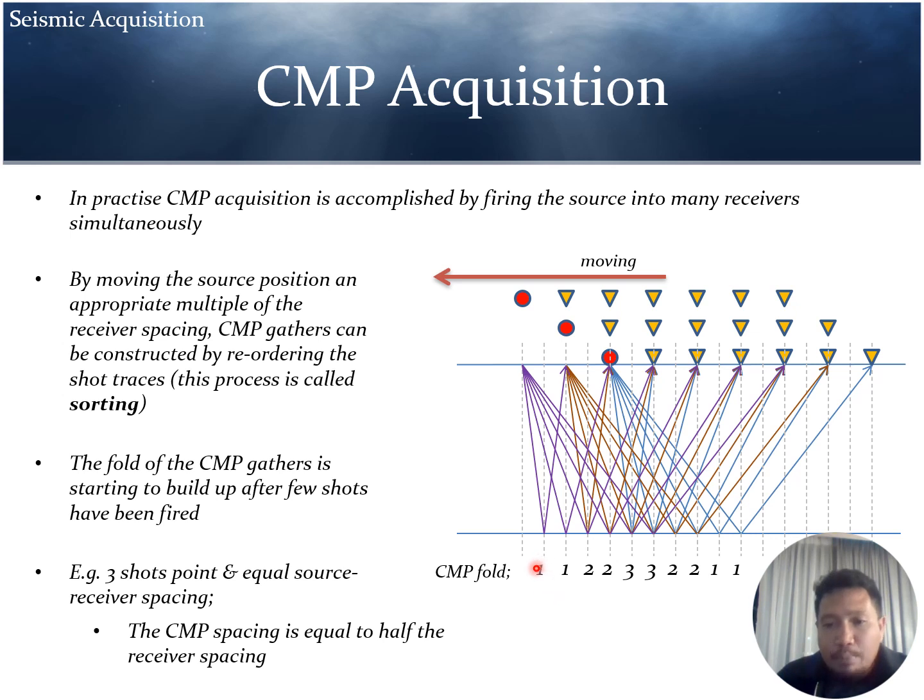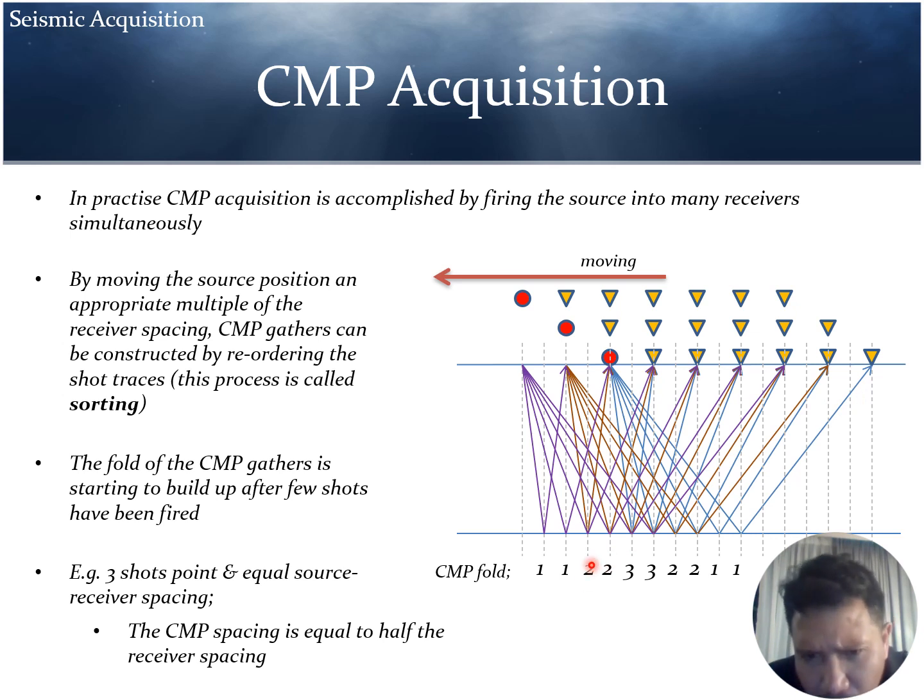Meanwhile, 1 CMP fold over here means that only 1 of the 3 different shot locations reached this reflection point. Out of 3 acquisitions, at this particular reflection point we only have 1 fold, only 1 reflection ray path has passed through from these 3 acquisitions.